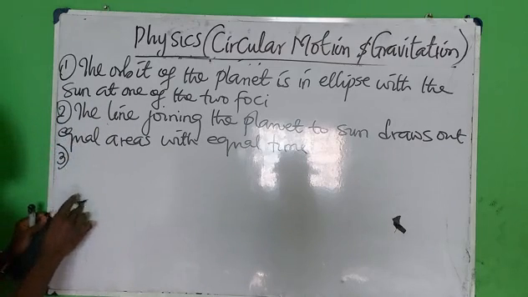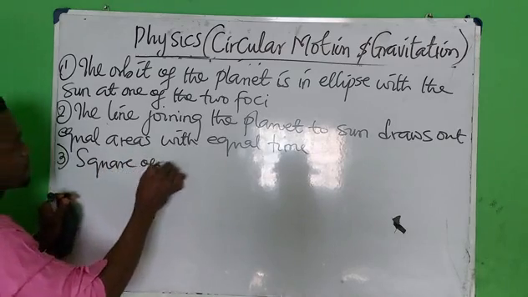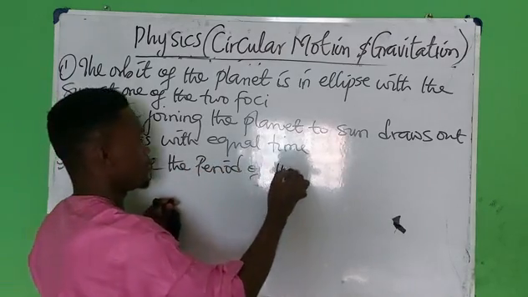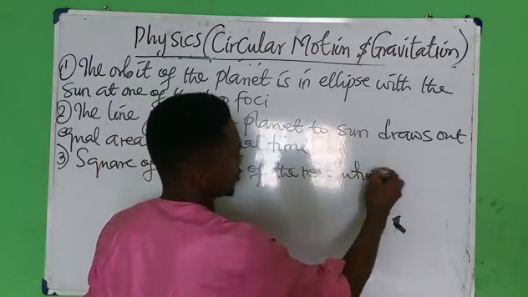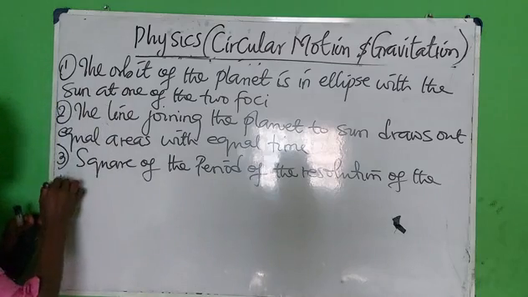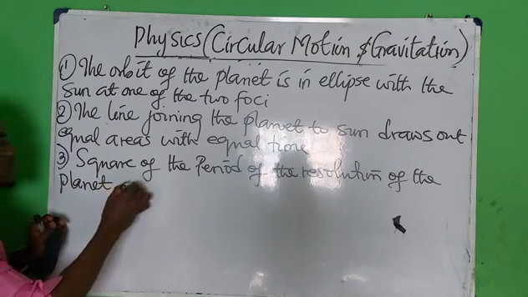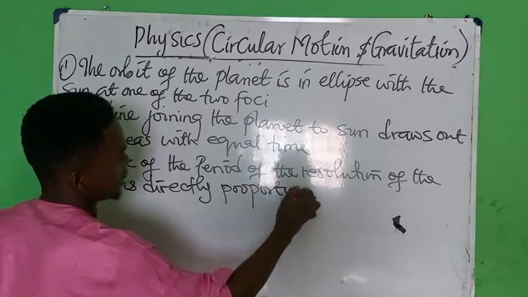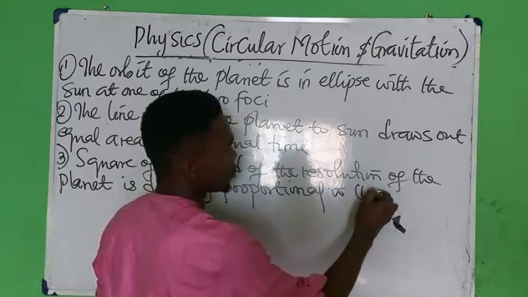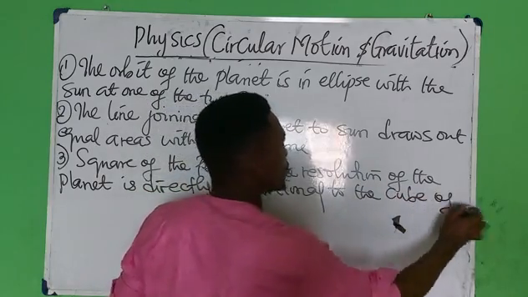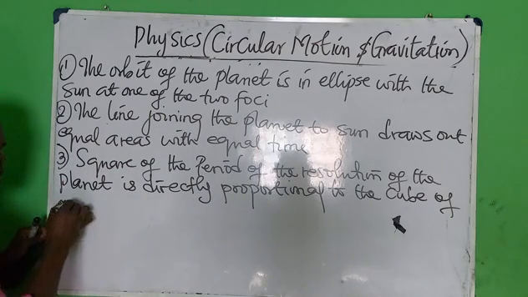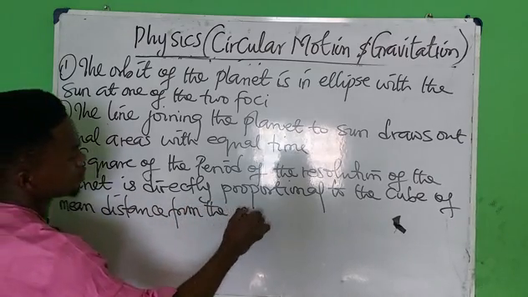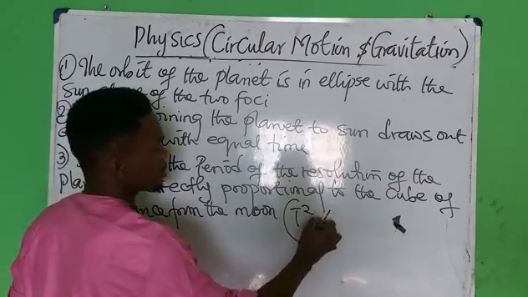Law 3, he also said that the square of the period of the revolution of the planets is directly proportional to the cube of the mean distance from the sun. So which means I can express it as T squared proportional to r cubed.